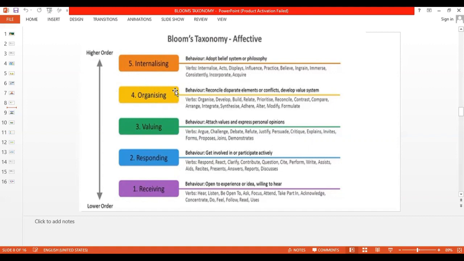Next level, the fourth level, is organizing. The student can put together different values, information, and ideas, and will try to put all these things into his own schema. She will be comparing, relating, elaborating on what he has learned.